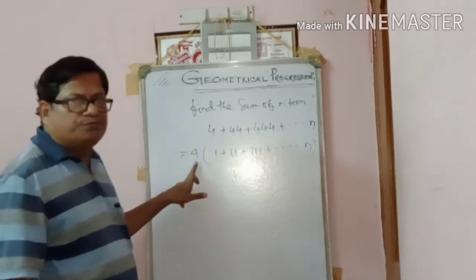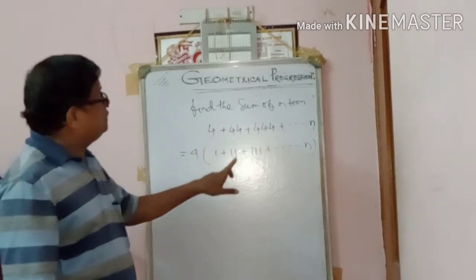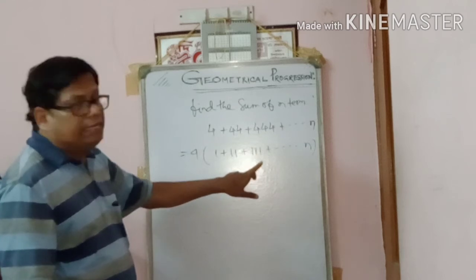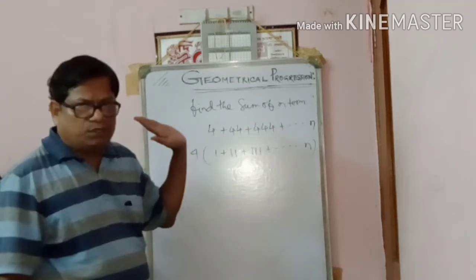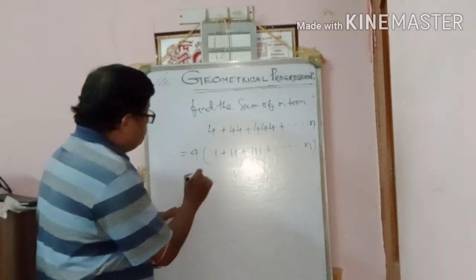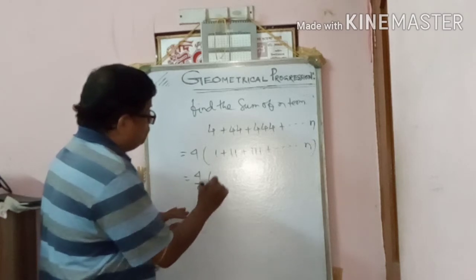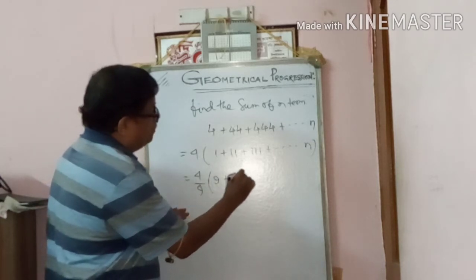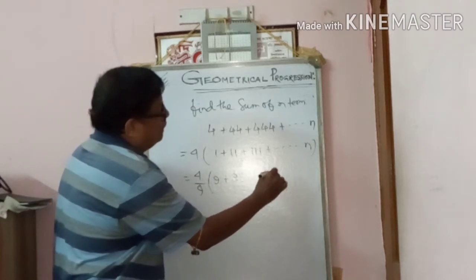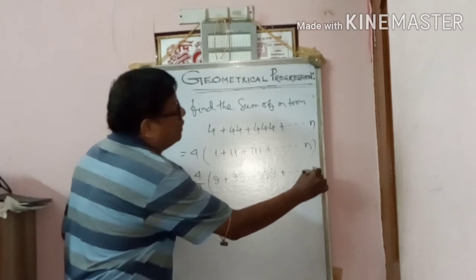So 4 common, 1 plus 11 plus 111 plus up to n terms. Now take 4 by 9: 9 plus 99 plus 999 plus dot up to n terms.